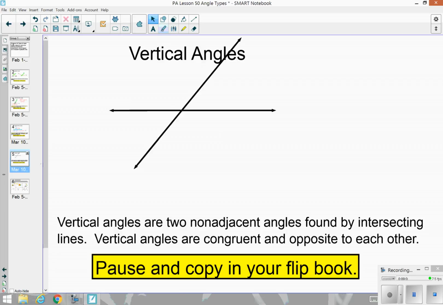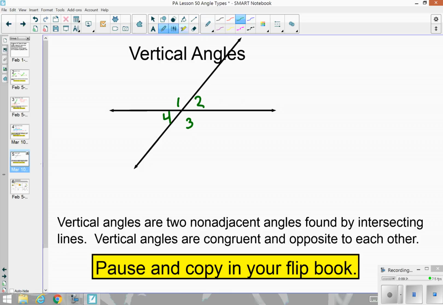When they're intersecting, all of a sudden now we've identified that we have four new angles. And these angles, for today's purposes, I'm going to just number them: 1, 2, 3, and 4. So when you have two lines that intersect each other, they create vertical angles.